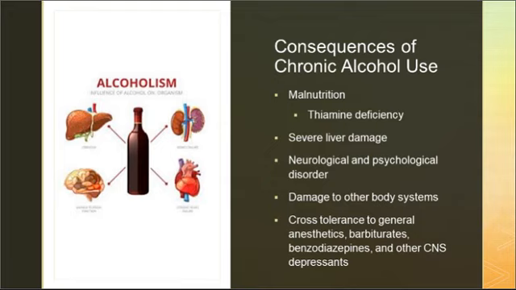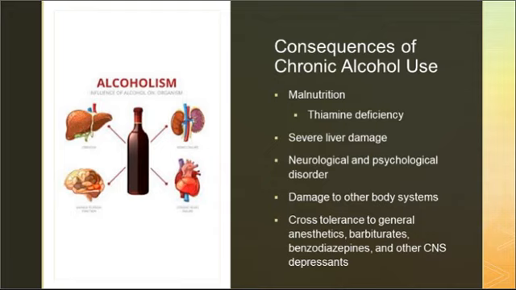Alcoholism, consequences of chronic alcohol use: malnutrition, there's your thiamine deficiency, severe liver damage, neurobiological, psychological, other body systems such as heart disease, erosive gastritis, pancreatitis, sexual dysfunction, increased risk of breast cancer. The liver damage is alcoholic hepatitis, cirrhosis, cancer, hepatomegaly, fatty liver.